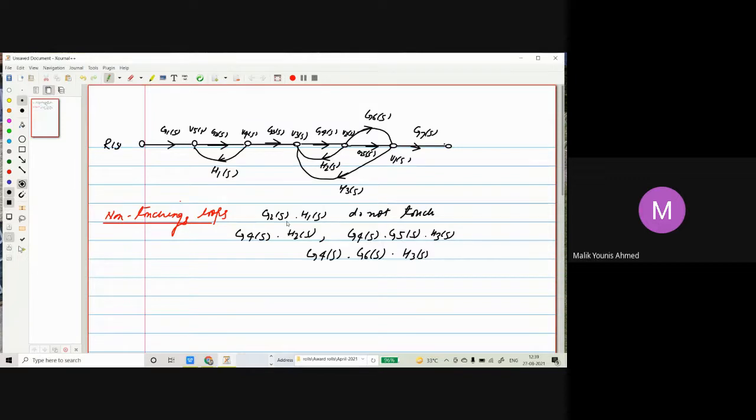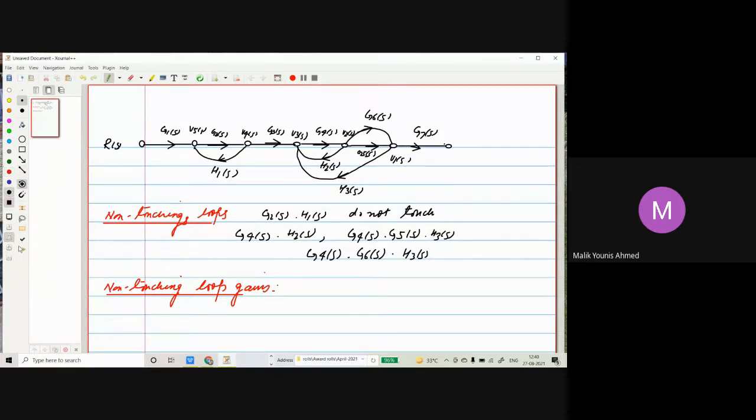Next is non-touching loop gains. These are the non-touching loops identified. Next definition is non-touching loop gains. So we'll finish this.